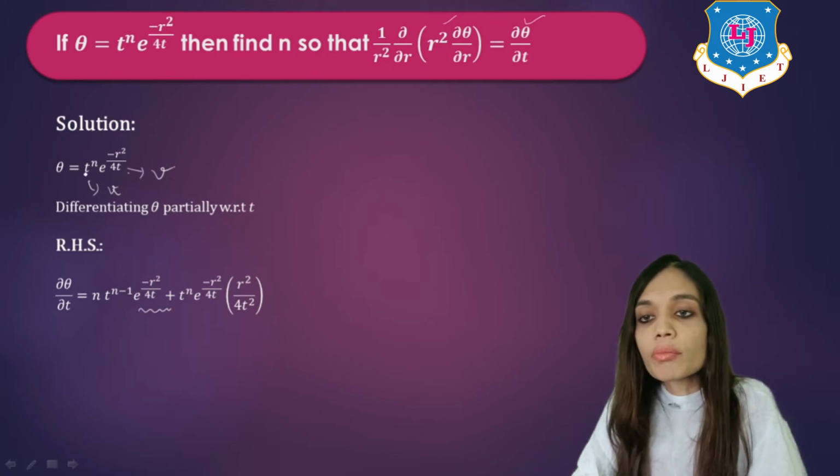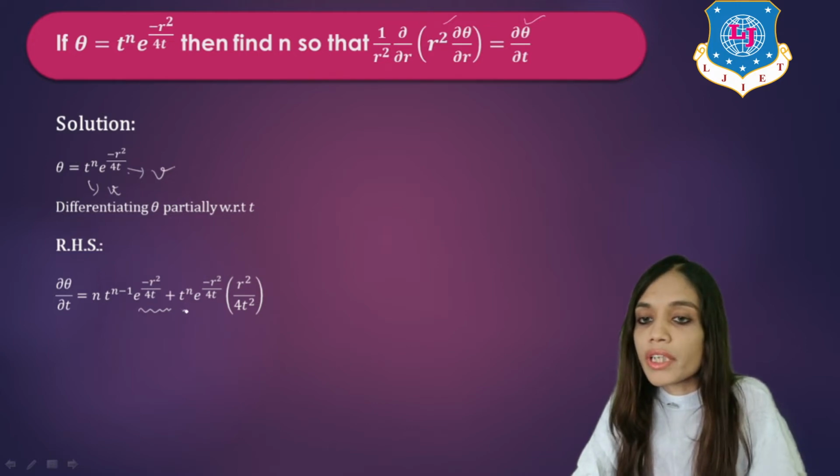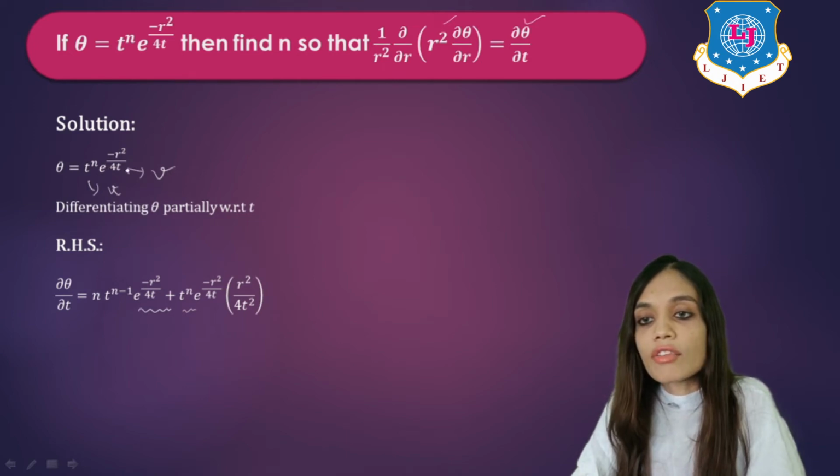So derivative will be equal to n into t raised to n minus 1 plus, now you have to keep t raised to n as constant, and do the derivative of e. So derivative of e raised to minus r square upon 4t will be e raised to minus r square upon 4t. Now apply chain rule on this term.